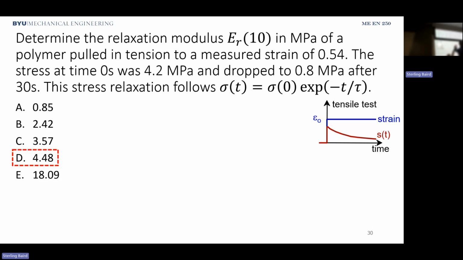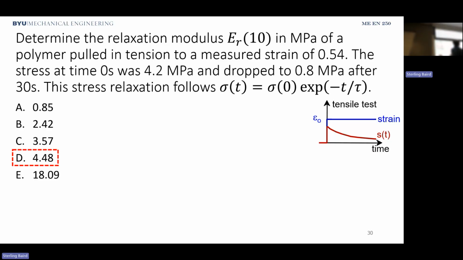Which, by the way, I don't know if that was actually helpful, but it felt cool to do. Okay, so sigma naught, 4.2. And then you divide that stress by your strain of 5.4.